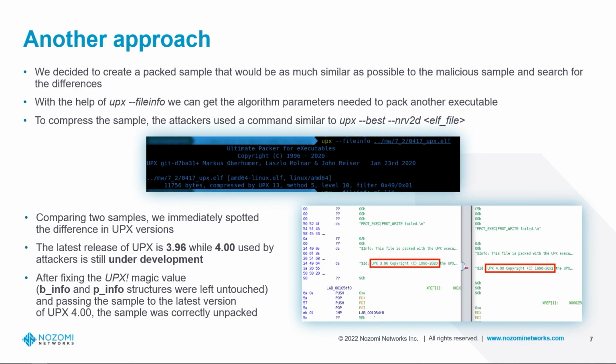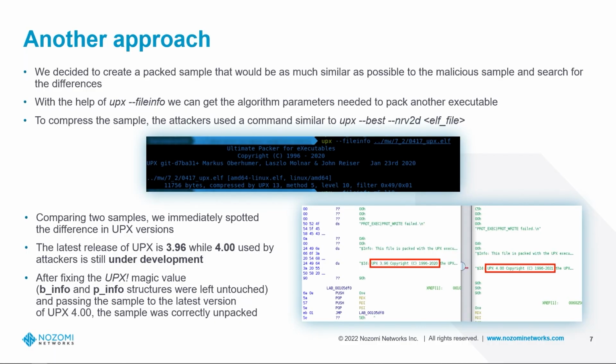What we decided to do was take a look at what parameters were used to generate this particular sample, try to simulate them and generate as simple a sample as possible, but one which will follow exactly the same kind of logic. It will follow the same structure, and we compare the results of the sample which we're trying to unpack and the new one.